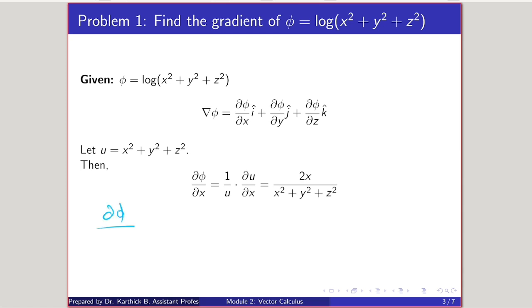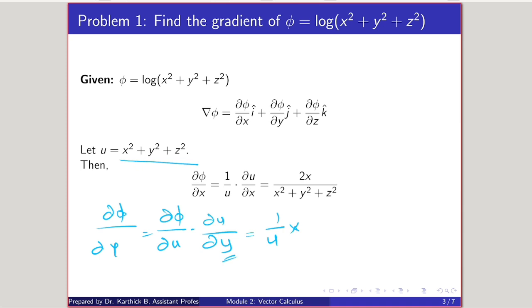Similarly, for dou phi by dou y, I will differentiate phi with respect to u first, and then differentiate u with respect to y. So it will be 1 by u again, where u is x square plus y square plus z square.